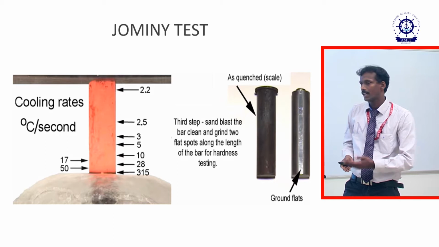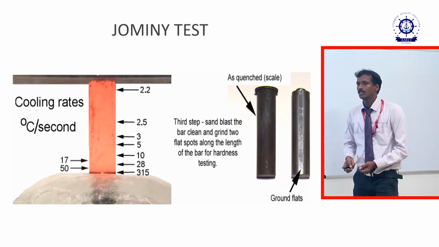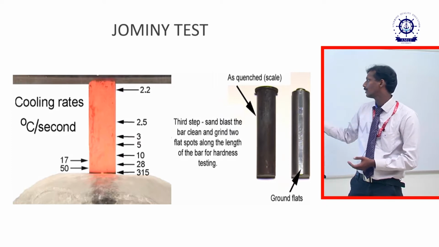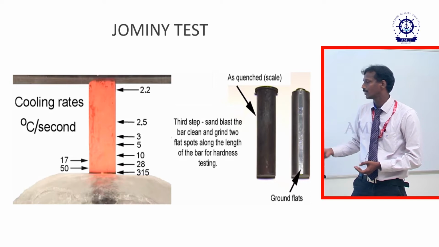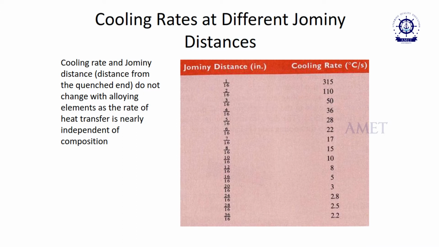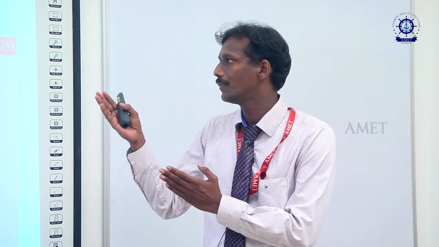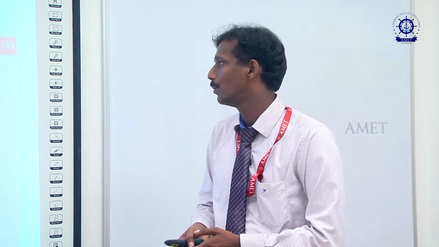Initially the water directly impacts one end, and this gives the highest cooling rate there. After that, the specimen is completely quenched, and we can take the hardness scale readings here. The cooling rate in the Jominy test does not change based on composition. At each specific distance, the cooling rate varies.